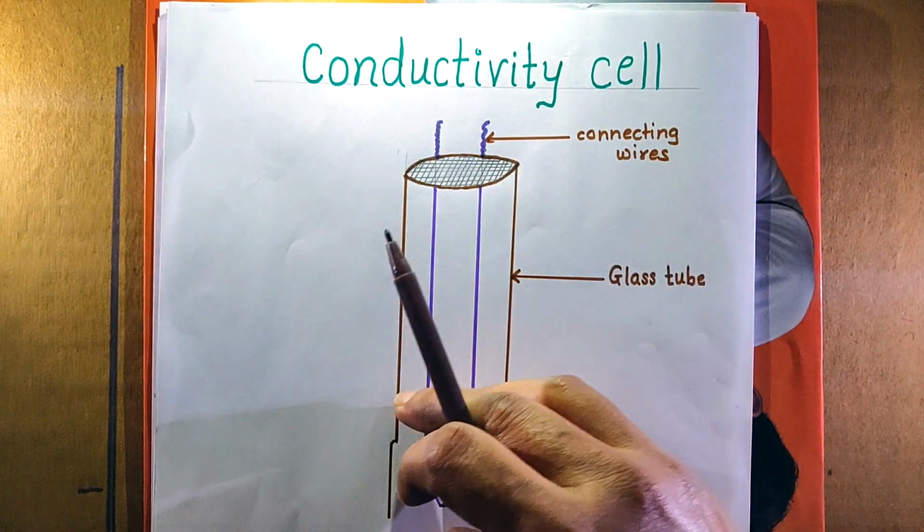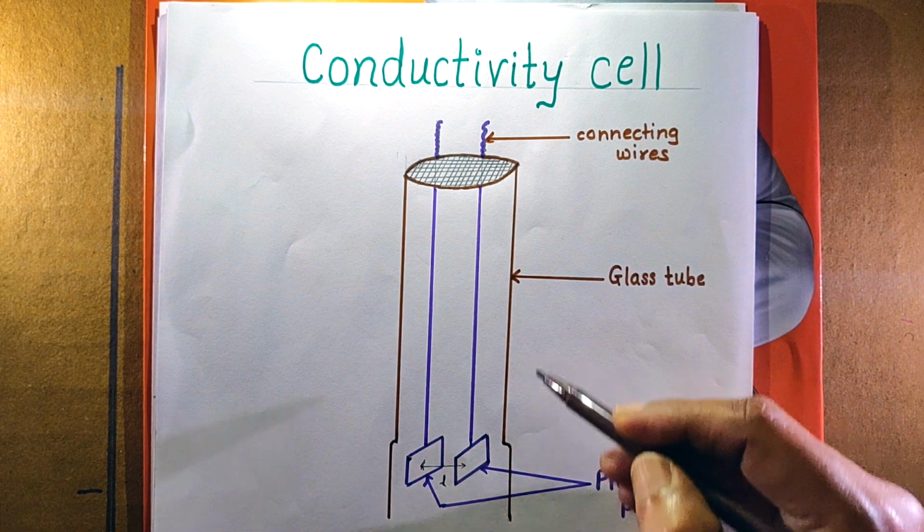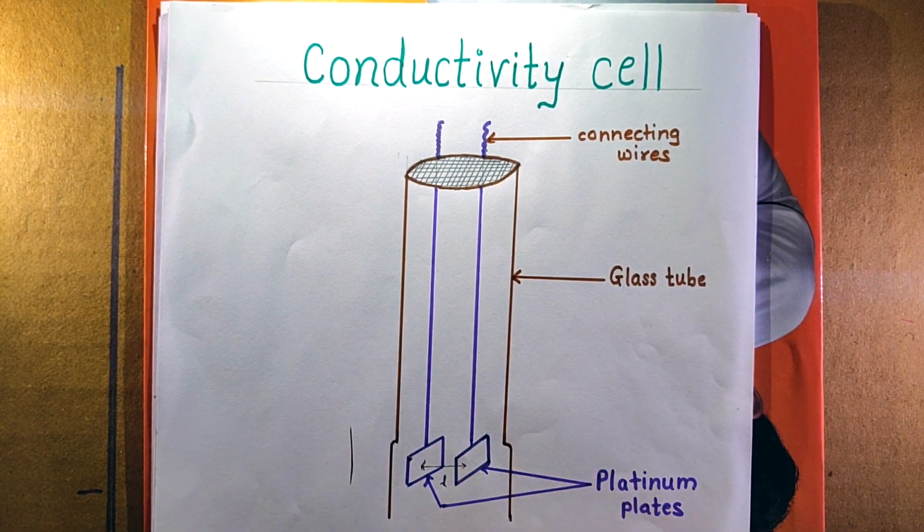So this tube is dipped in a solution. Suppose here we have one beaker containing the solution whose resistance we have to determine. This conductivity cell is dipped into the solution. Now remember here, this conductivity cell has two platinum plates.